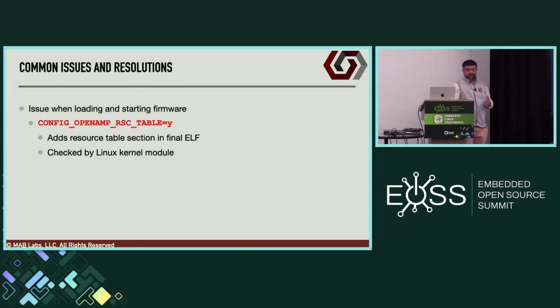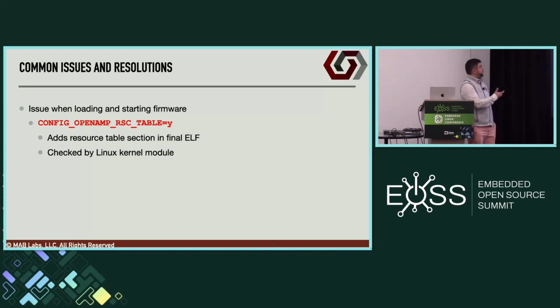So pivoting into some of the common issues that I encountered, I can share some of the lessons learned with you. One of the first things that did happen is issues in loading and starting the firmware. With the kernel module itself, if you don't have the appropriate entries in your ELF file, it's going to throw an error.